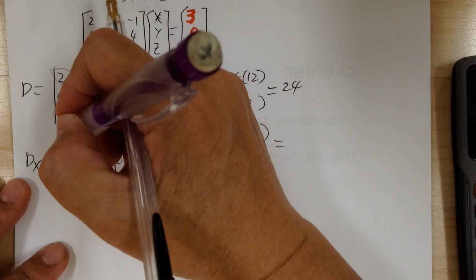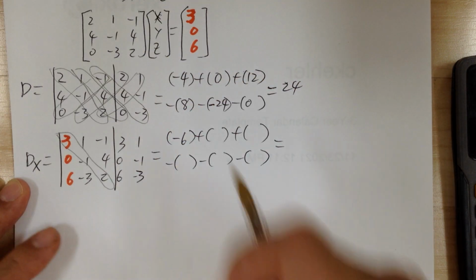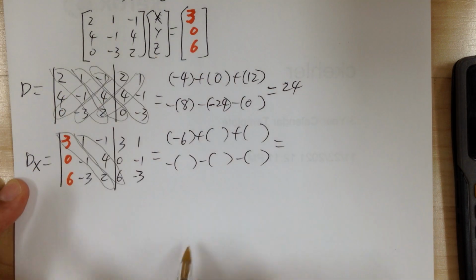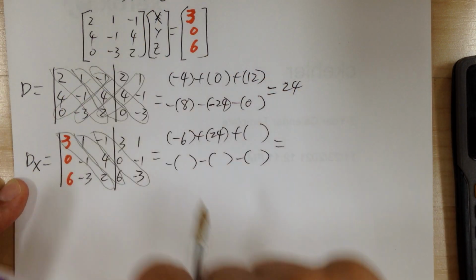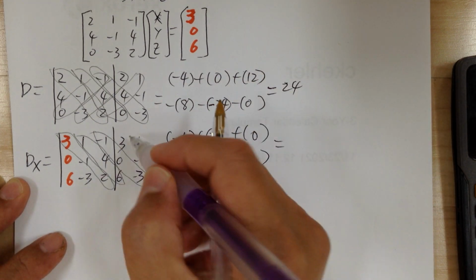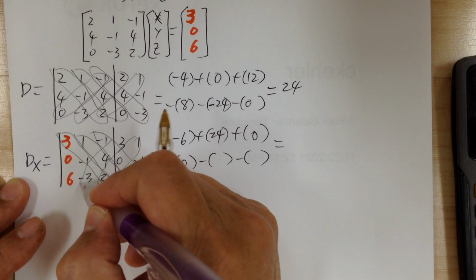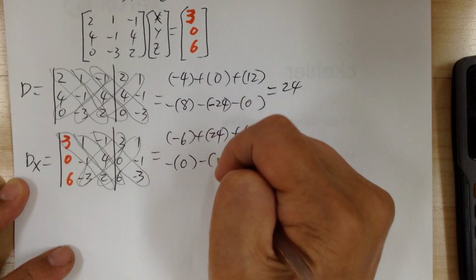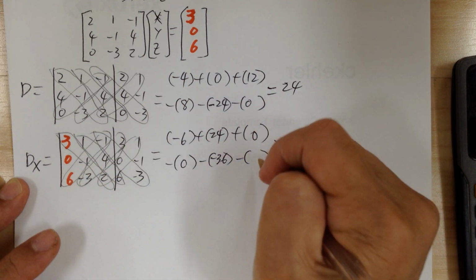Okay, so first diagonal would be equal to negative 6. Next diagonal is 24. Next diagonal equal to 0. The opposite direction equal to 0. Next one would be negative 36. Next one will equal to 6.